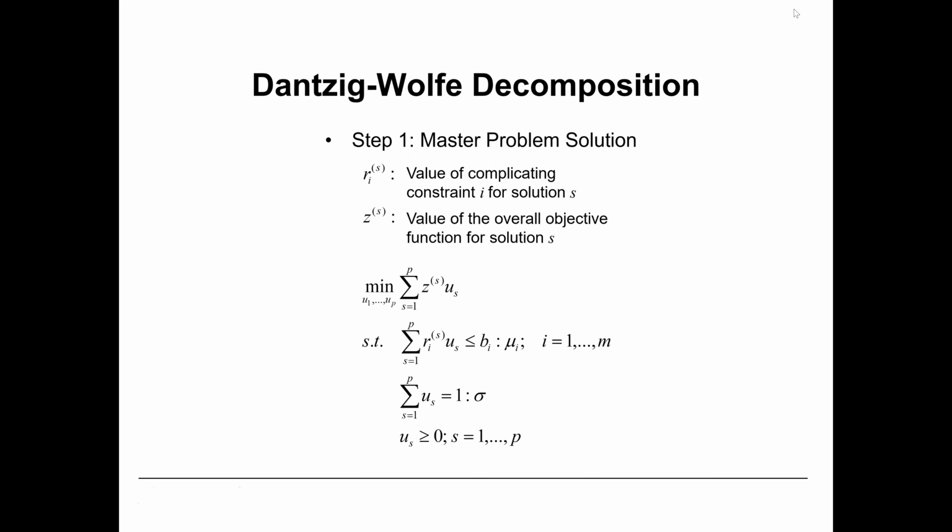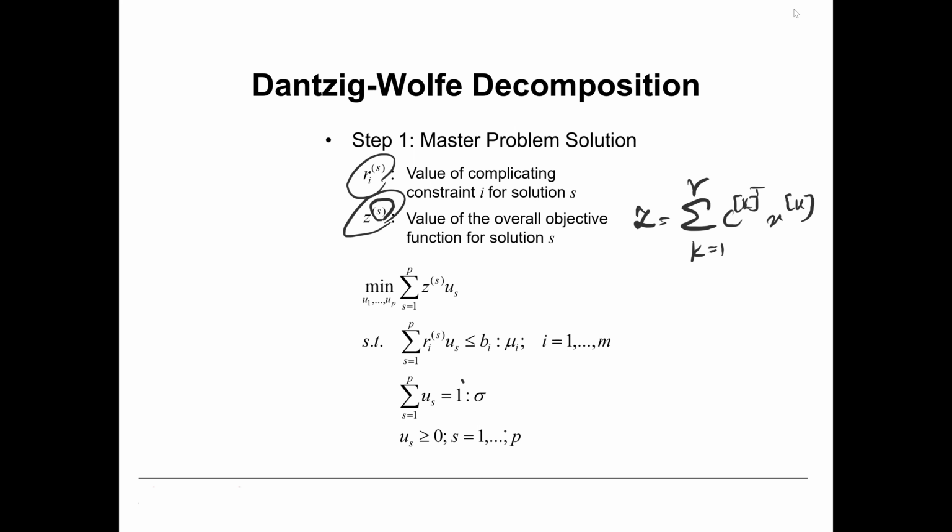Then we have to evaluate the value of the overall objective function at solution S. What's the overall objective function? It's sigma ck transpose xk for all of the k from 1 to r. So we want to find the value of the original objective function at each of the generated solutions. Now you have these two numbers for all of the generated solutions. We are going to formulate the master problem.